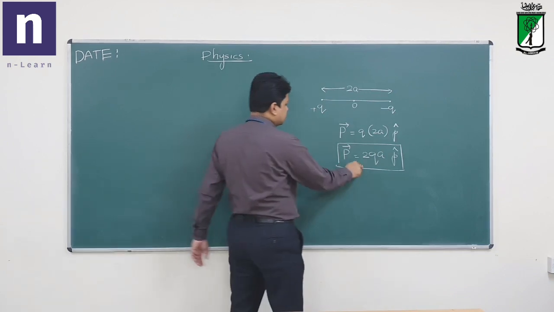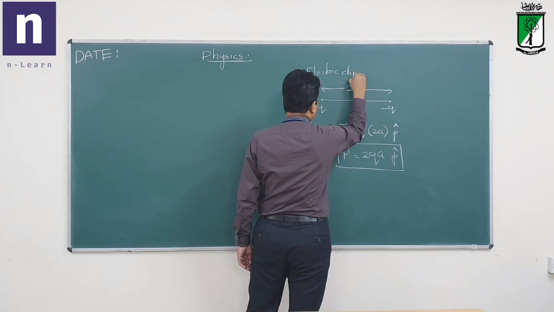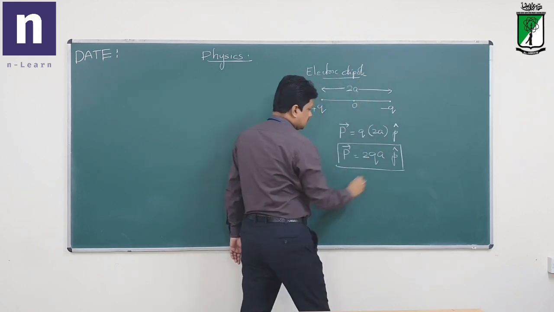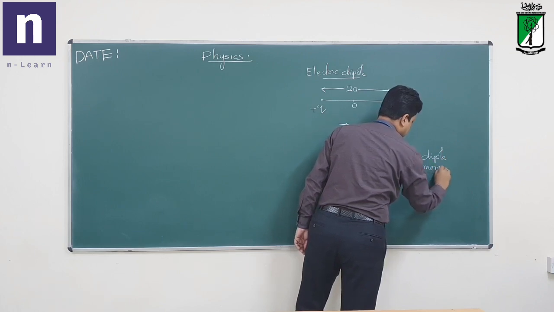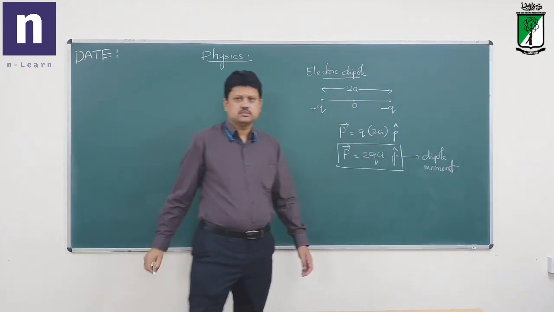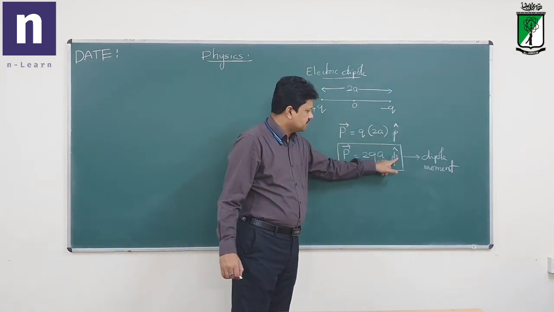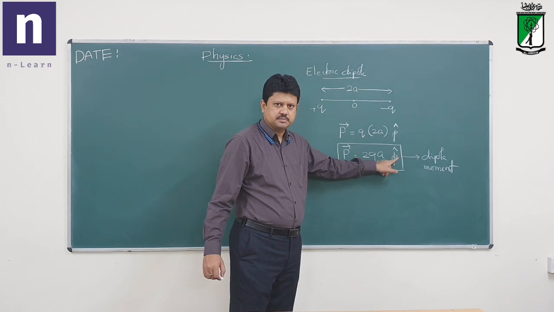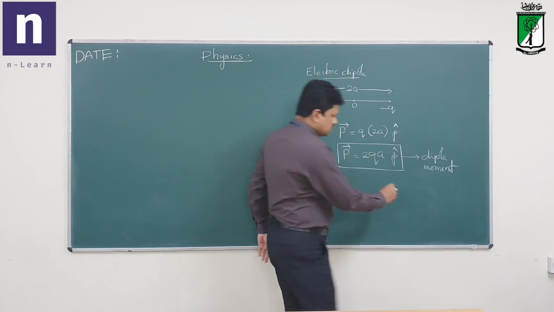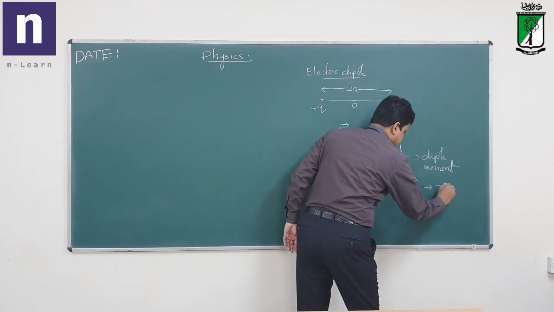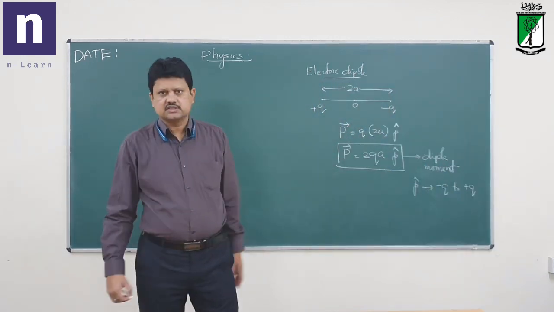This is the electric dipole moment. What is the direction of the dipole moment? By definition, p cap is a direction from minus q to plus q. So p is from minus q to plus q. This you have learned in the previous sessions.